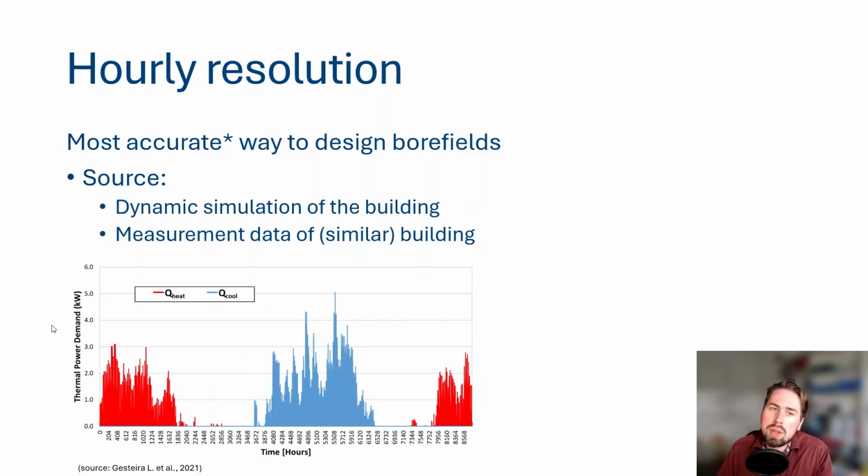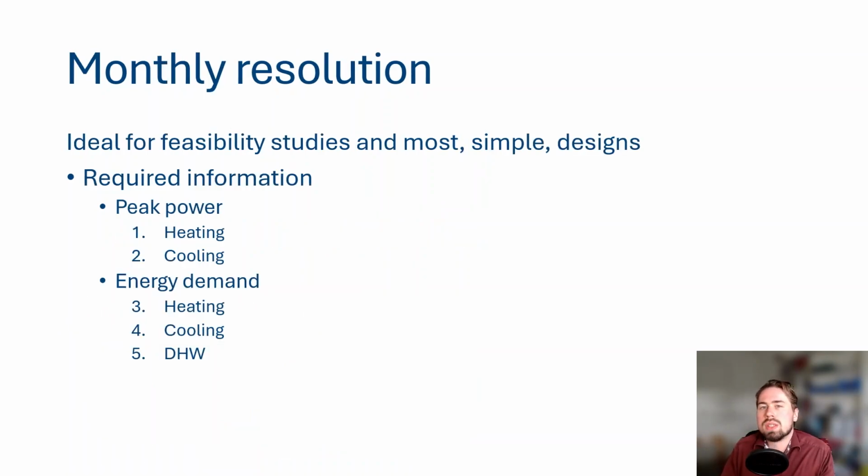Most often, however, we do not have this type of resolution and we work with a monthly resolution, or you enter the values on the yearly level and GHEtool makes it into a monthly resolution. So designing a geothermal system with a monthly resolution is ideal for feasibility studies and also, to be honest, for most simple designs where this hourly resolution is simply not available.